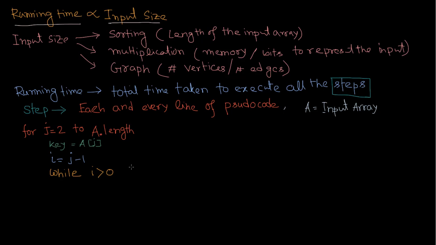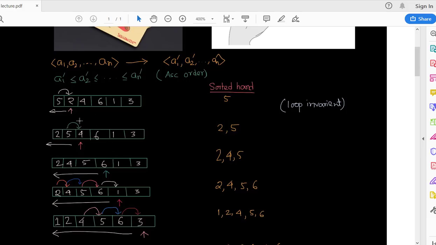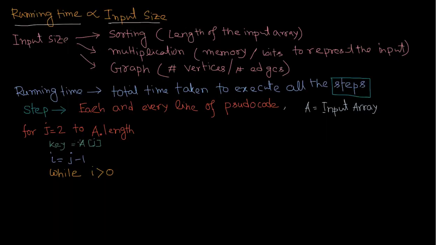That means, looking at the diagram again, I start with the element one position before, and I will keep doing i minus 1, continuously decreasing i. So that's why I am checking i greater than 0, and I will check another condition, whether a[i] is greater than key or not.